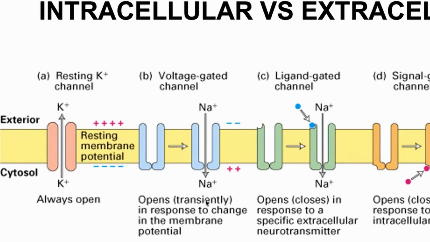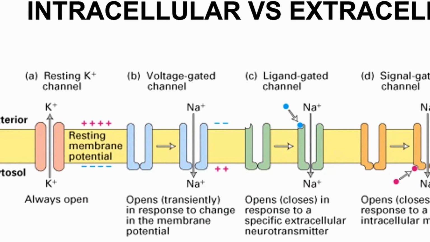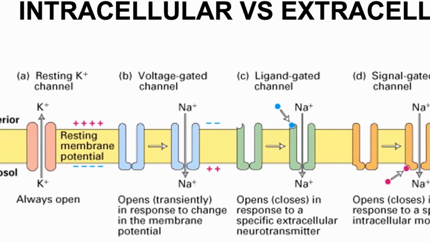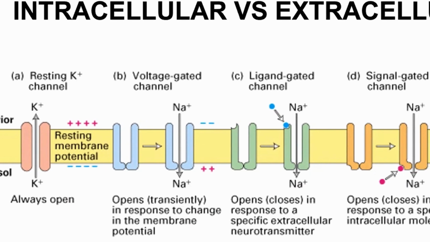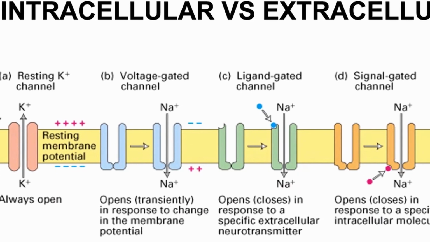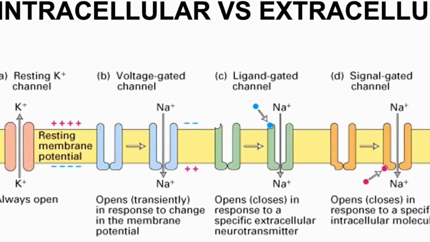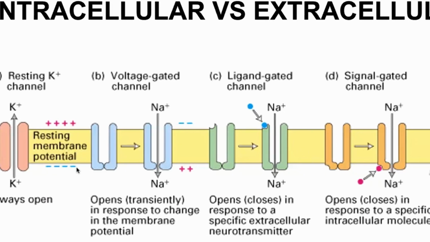So you call that sodium influx. A lot of sodium will have to enter the cell, and this will basically cause what we call depolarization of the cell itself. And when that gets to a peak, it goes to repolarization, and that's when you have the action that is stimulated.